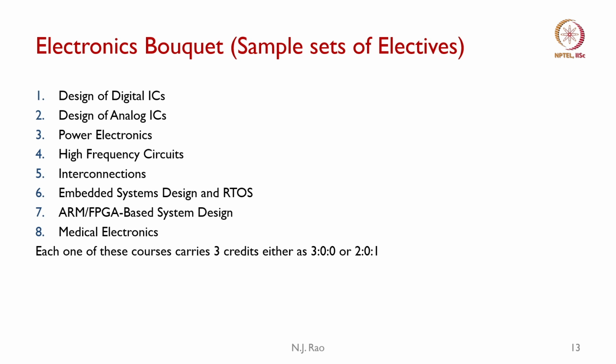High frequency circuits, interconnections, embedded systems design and RTOS, ARM or FPGA based system design, and some application like medical electronics. If you don't like this, you can say automotive electronics. Okay, 8 courses, all of them are offered as 3:0:0 or 2:0:1. You can have a lab also associated with that.